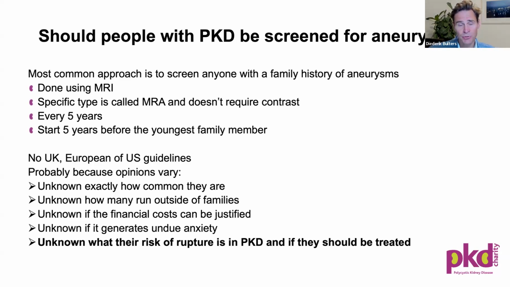The risk is that you screen and find an aneurysm, potentially a small one, and there's no action to take. That's really the issue that generates most variation in opinion, about whether you should be screening and how many people you should be offering that screening to. I should say I'm a proponent of screening, and I do screen, but I'm giving all the viewpoints here.